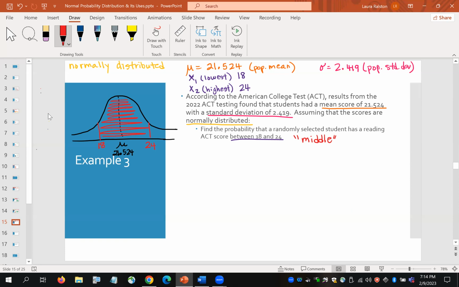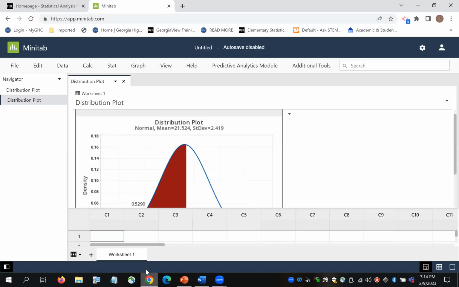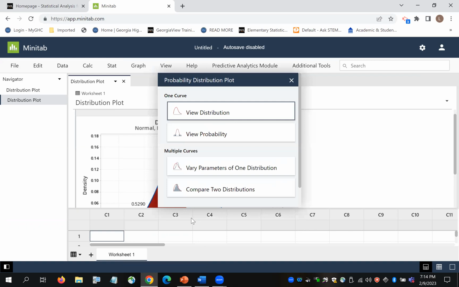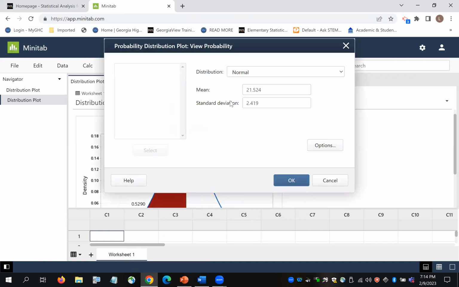I'm going out to Minitab. Graph, probability distribution plot, view probability. It is normal. Mean is 21.524. Standard deviation is 2.419.